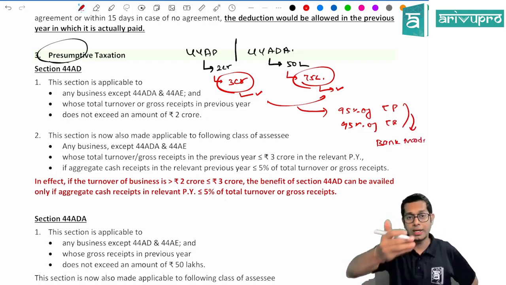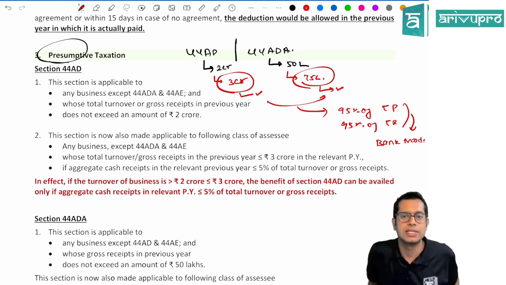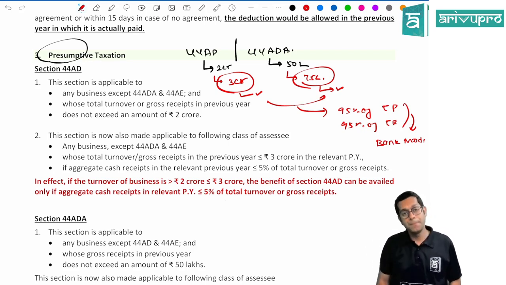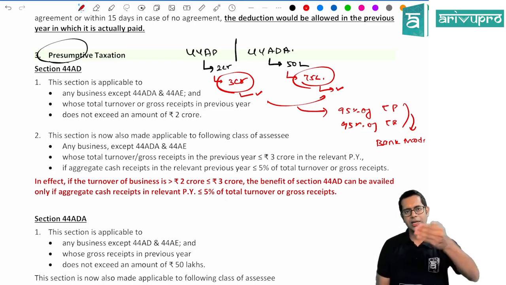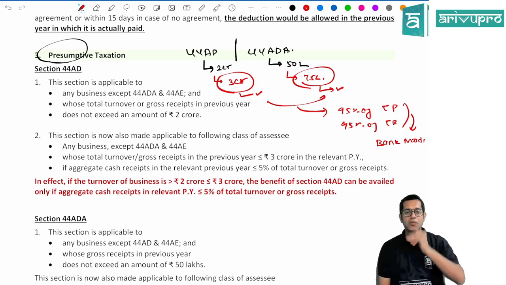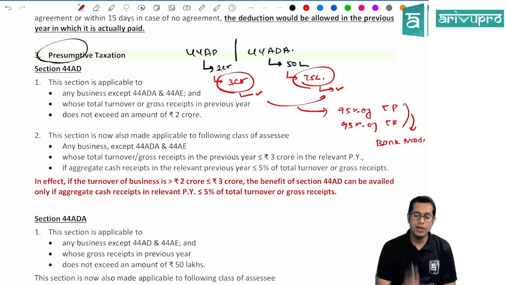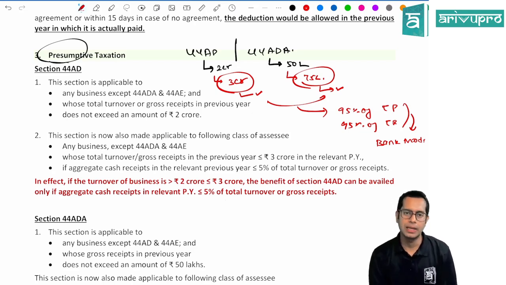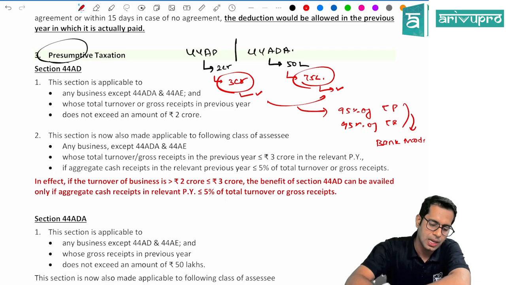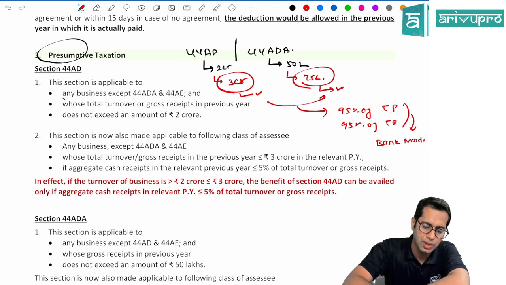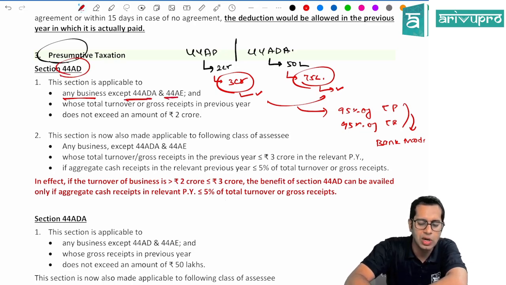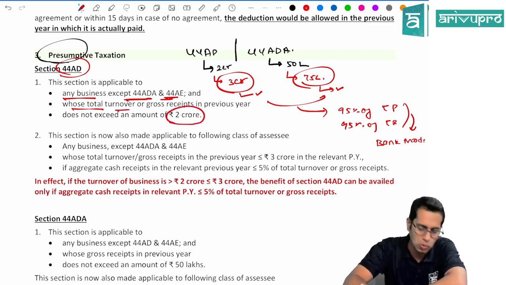Meaning, whatever amount you are receiving for your sales and whatever amount you are paying for your expenses, 95% of that is through banking modes. This section, 44AD, is applicable for any type of business except 44AE, whose total turnover or gross receipts is up to 2 crore rupees.